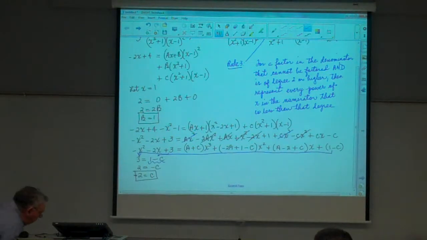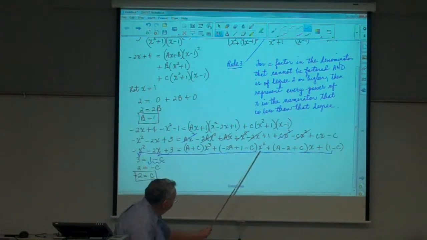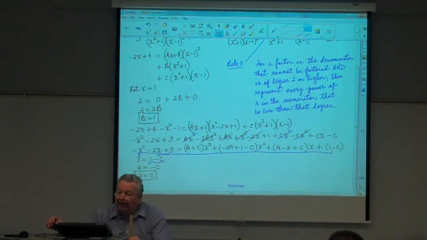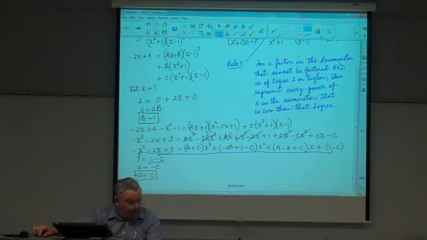Well, what I did was I just multiplied everything out, and then I grouped them by powers of x, with the last one being x to the 0 power, right?